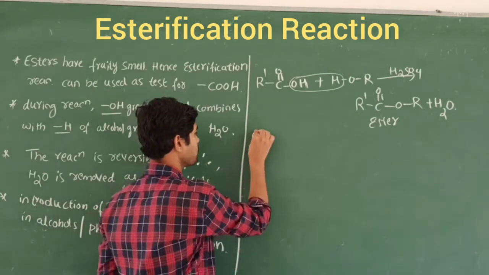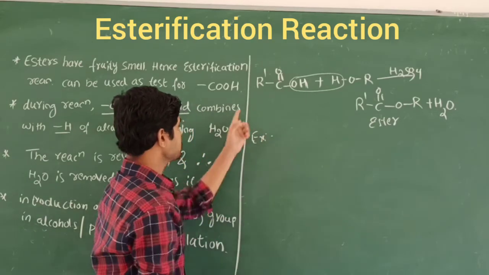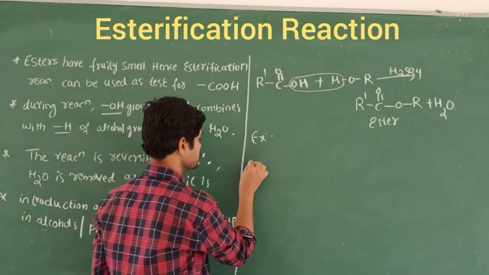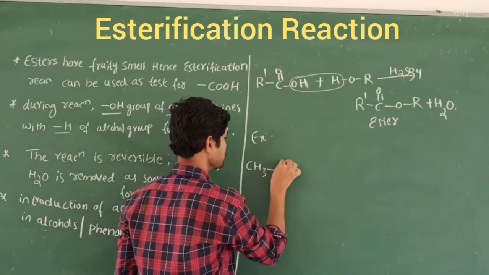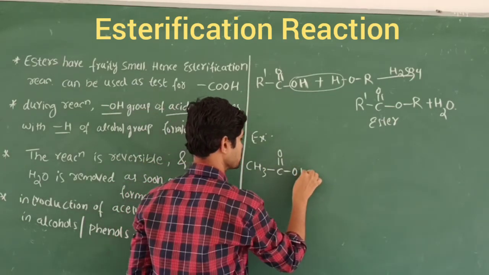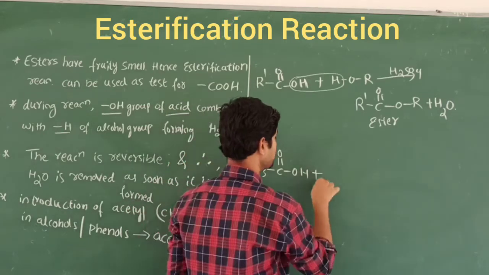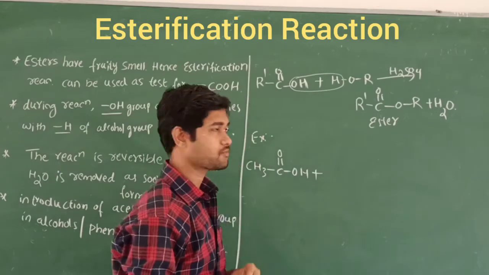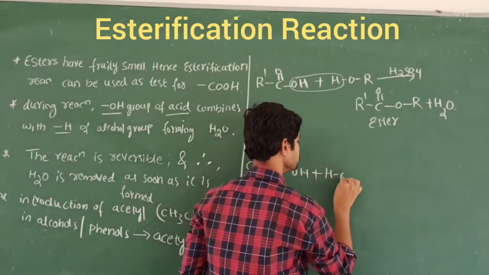So let's see one example. In this acid, I will replace R' with CH3. It is called acetic acid, CH3-C=O-OH. And in the place of this alcohol, I am going to replace R with C2H5, that is called ethanol.